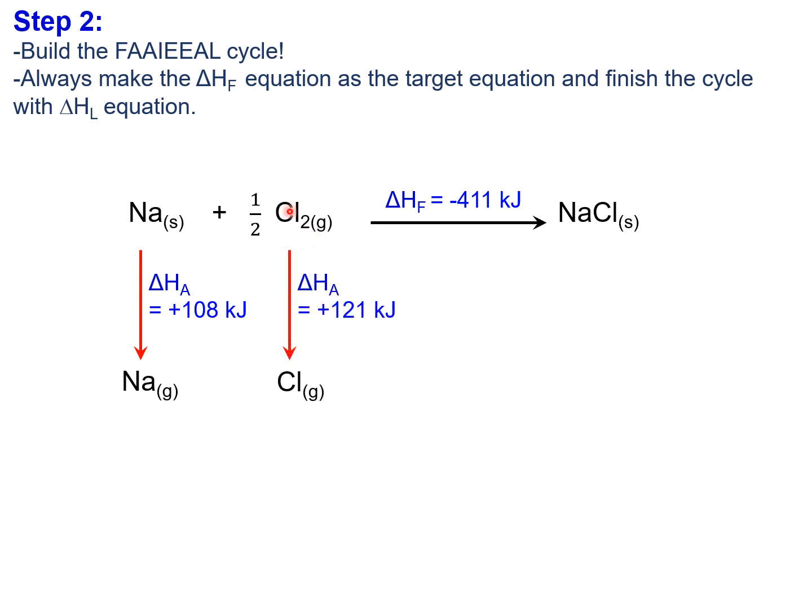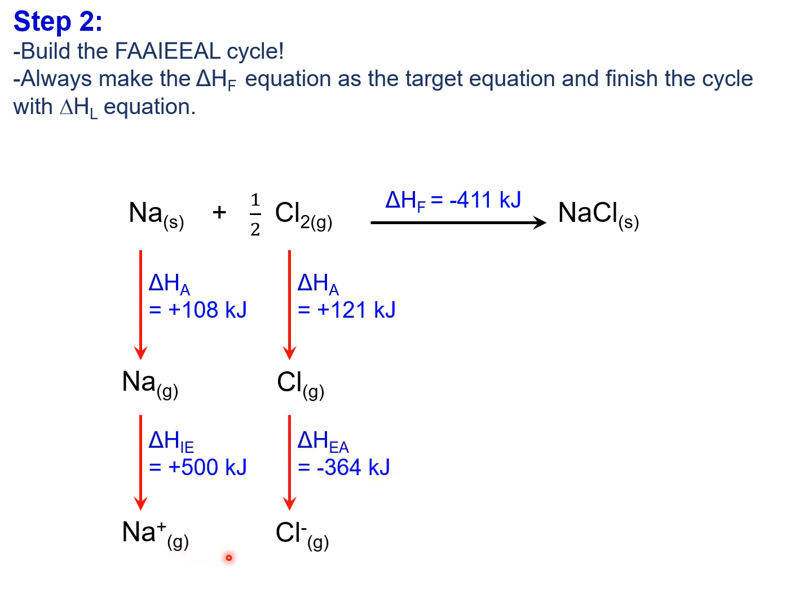Ini pula ialah thermochemical equation 1/2 Cl2, and then you akan dapat product Cl gas kan. This is enthalpy of atomization for non-metal element. Okay, and then this is ionization energy untuk non-metal element, where you will get a positive charge for metal element, and this is the thermochemical equation for the enthalpy of electron affinity untuk non-metal element, where you will form a negatively charged Cl here.